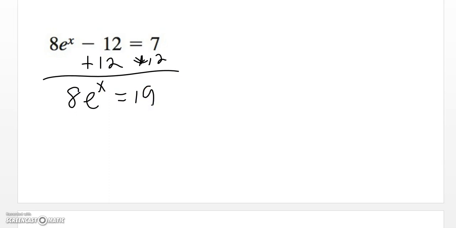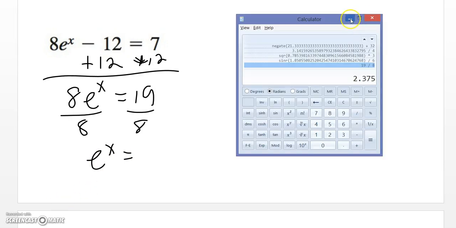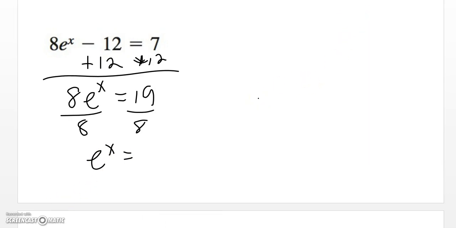And 19, and then divide by 8. We get e to the x equals 19 divided by 8, 2.375.